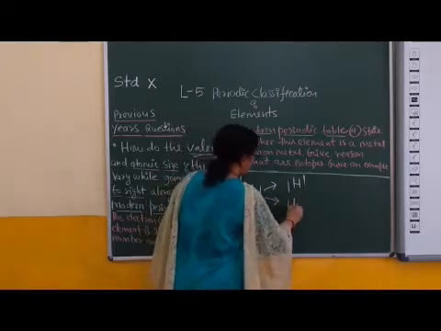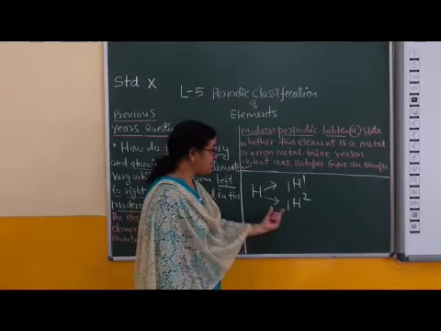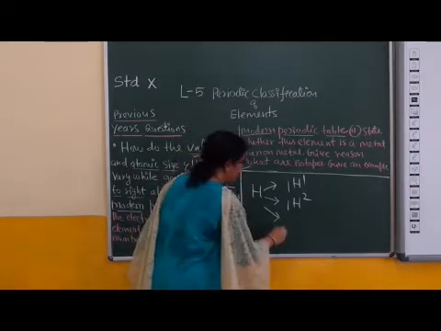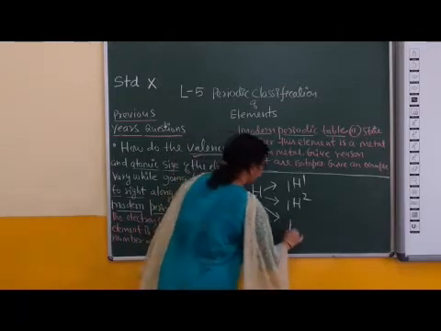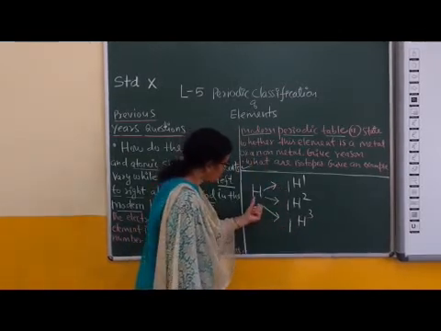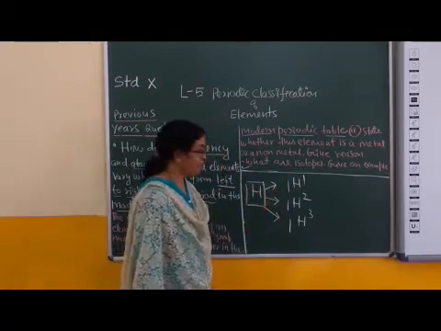Second is 1H2, deuterium. Right? This deuterium is also known as heavy hydrogen. And third one is tritium, 1H3. All are isotopes of the same element and the element is hydrogen. Right?